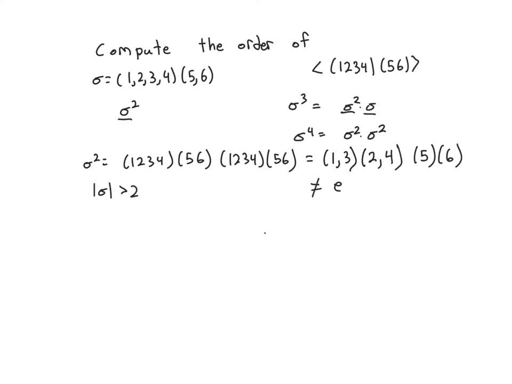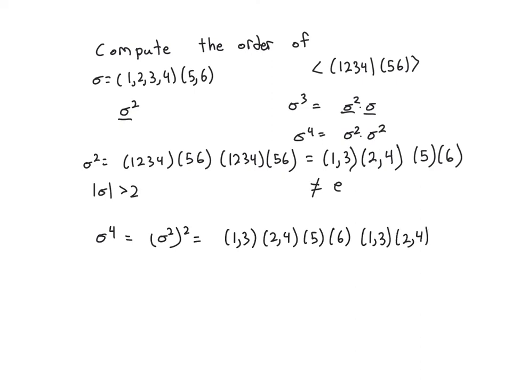However, I can see now that sigma to the fourth might be it. Why? Because one thing we haven't taken much advantage of, that I could have taken advantage of already here, is that disjoint cycles commute.